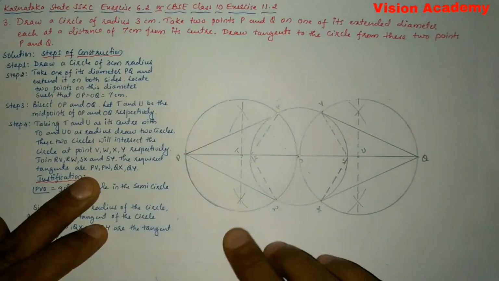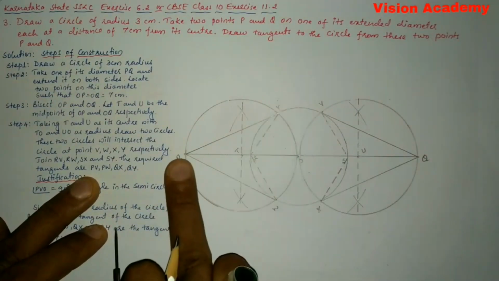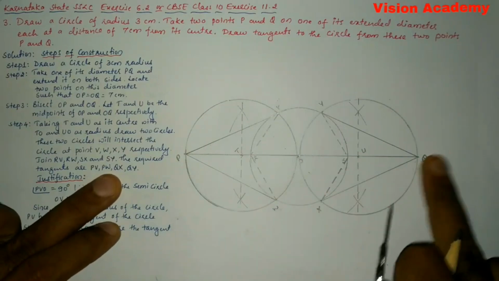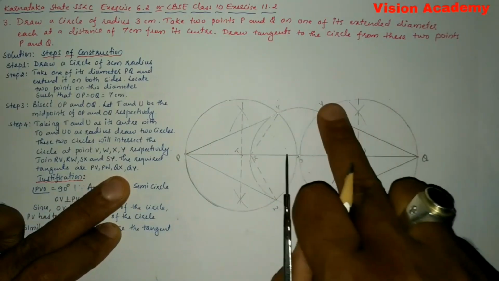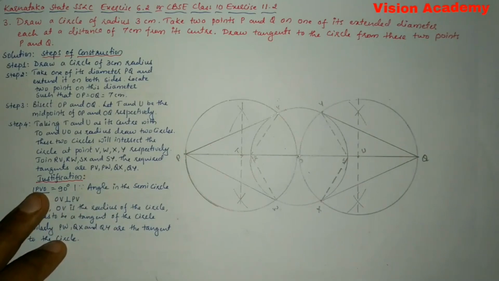So here required tangents are PV, PW, QX and next QY. So let us go for justification.